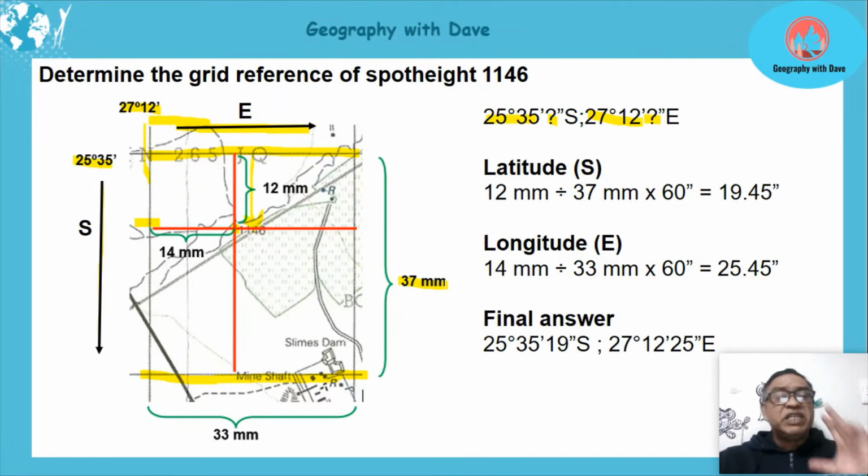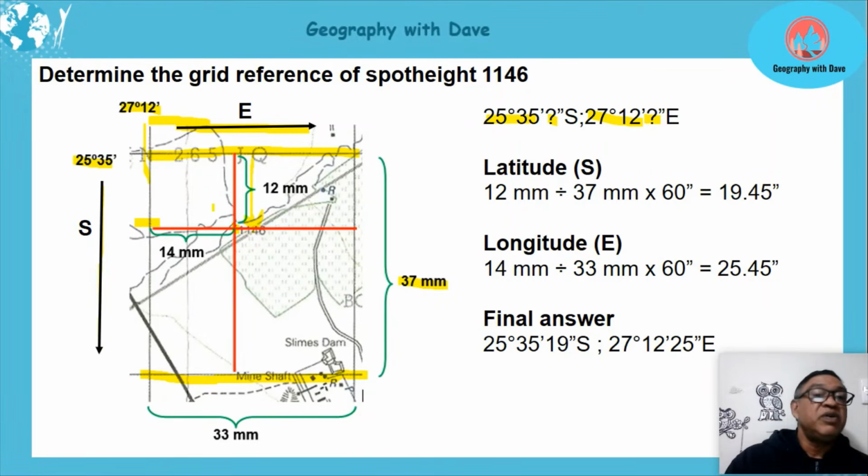So always the distance between those lines of latitude will be 37 millimeters, which represents 1 minute, as we showed you. From there is 35, here is 36. So we've got that. So we measured here. Now, what do we do?